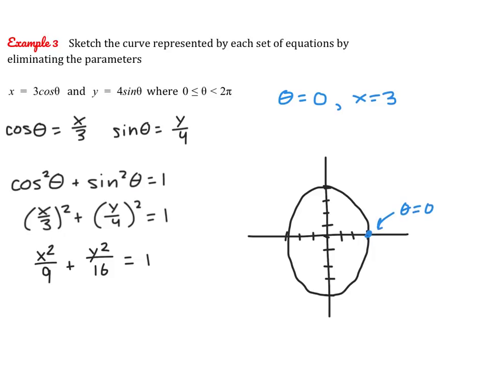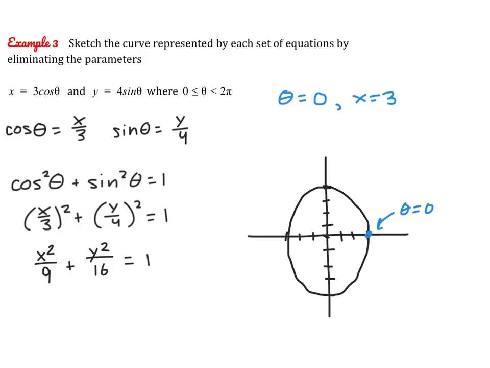But now I need to figure out, okay, is my object moving this way or this way? And so the next thing I'm going to want to find is a y value, because if I find another x value, let's say I find that x is 1, I don't know if that goes to this point here or this point here. So I want to essentially know, is my graph moving up or down? So I'm going to pick another value for theta, and I'm going to plug it into y.